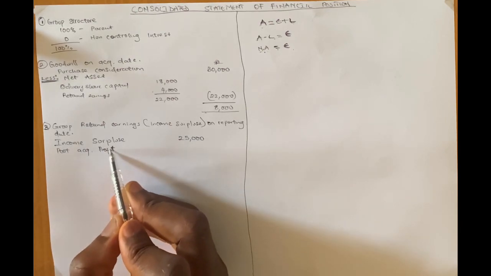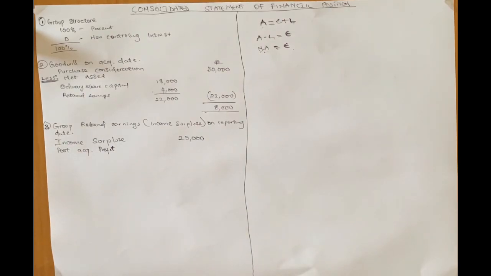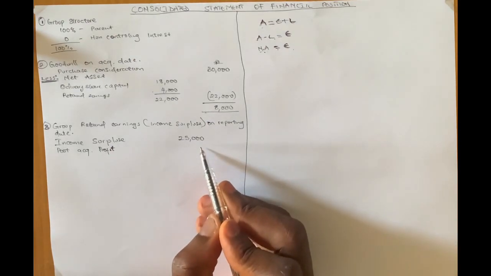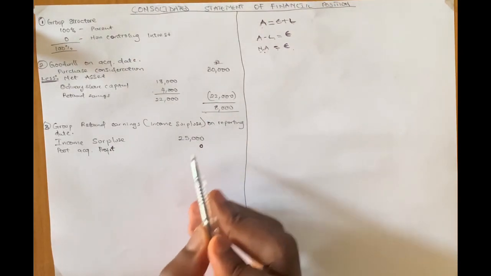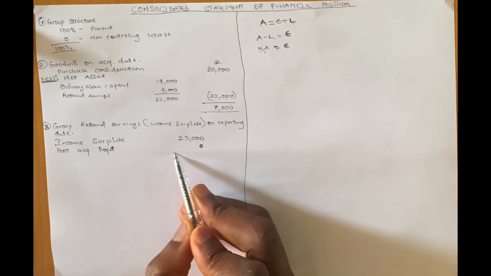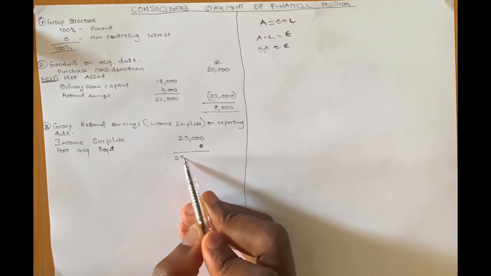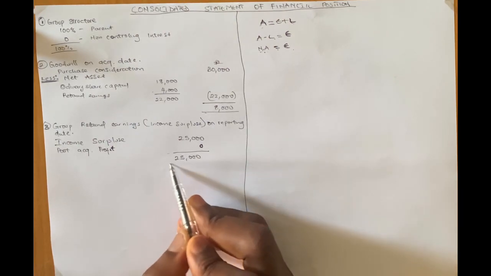We're not given post acquisition profit. The only profit that was given was on the reporting date, which was 4,000 naira, so definitely no post acquisition profit, so 0. That means our group retained earnings remains 25,000.